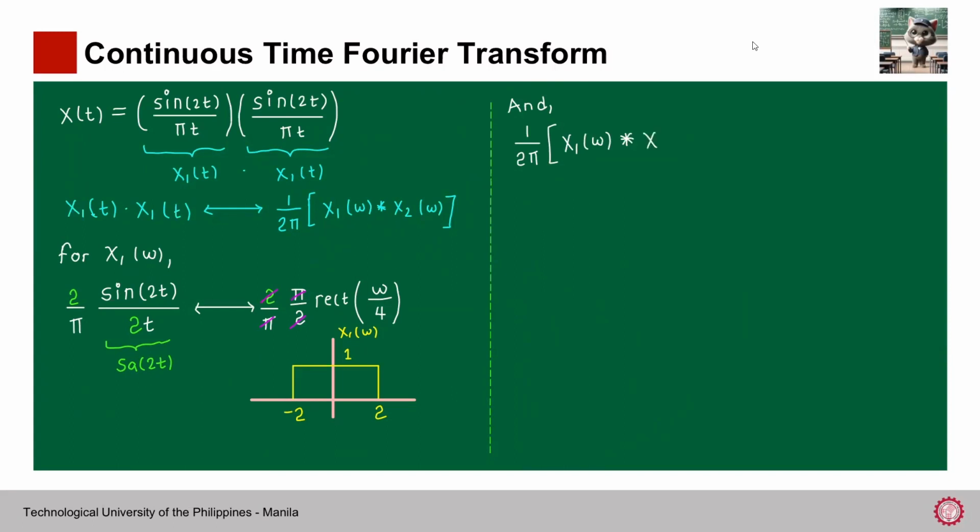So instead of doing this mathematically, it is very easy to do this graphically, right? So this is simply equal sa 1 over 2 pi convolution nitong dalawa.